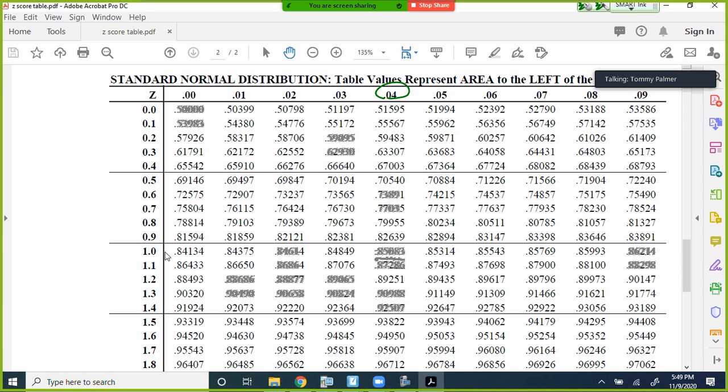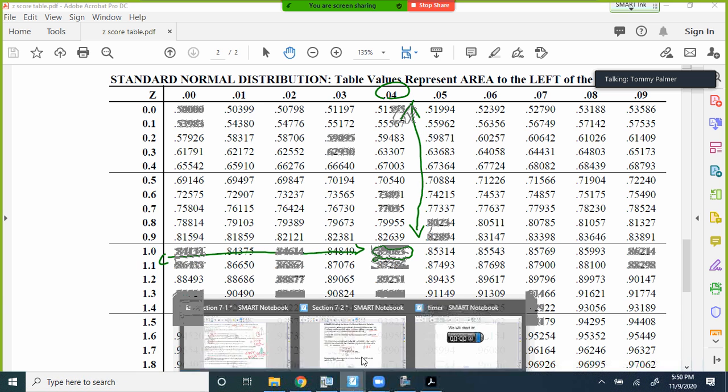That's 1.04. Do you see that? 0.85083 and 0.84849 are on either side of 0.85, so 0.85083 is the closest one. Now you can split between these, but you don't have to. So 0.85083 goes with 1.04, going out and coming down. We found that and then we went up and over. That's where that came from.